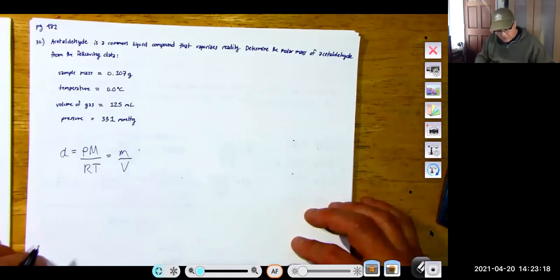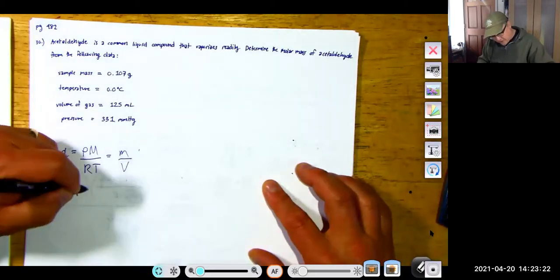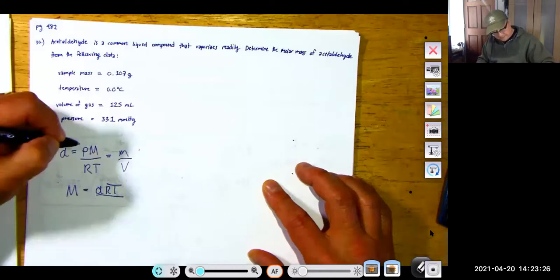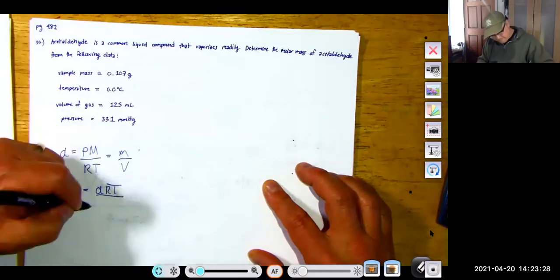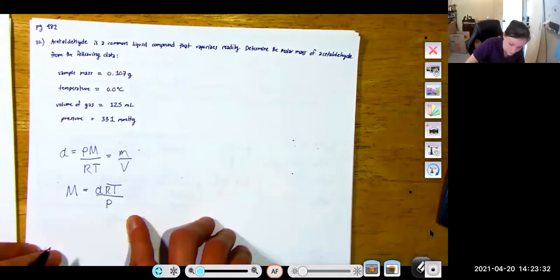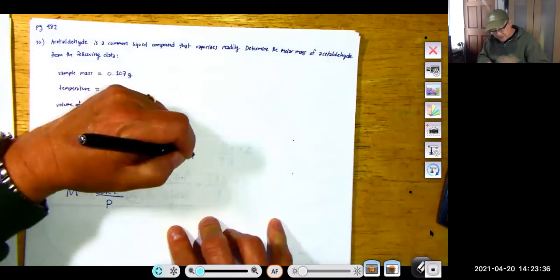So here, the molar mass is equal to dRT over P, right? For the density, we're going to take our 125 milliliters, and I'm going to convert this a little differently this time.